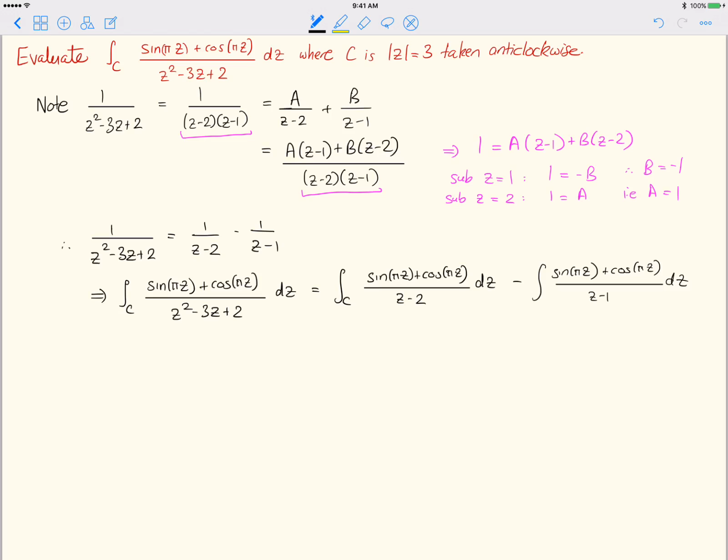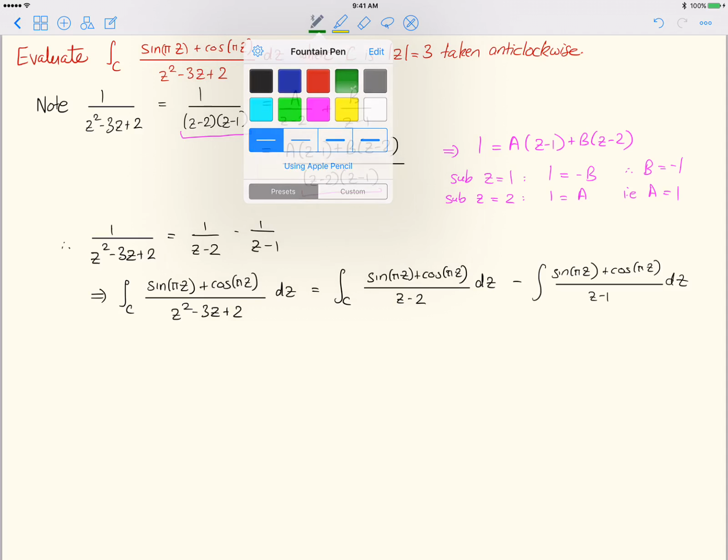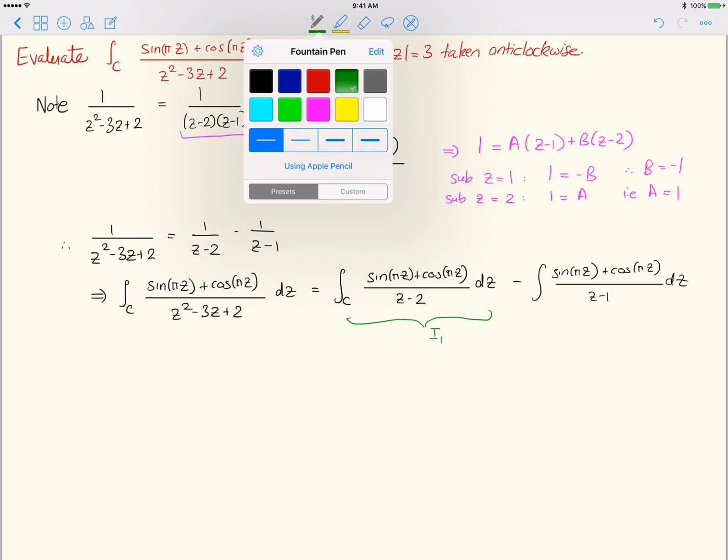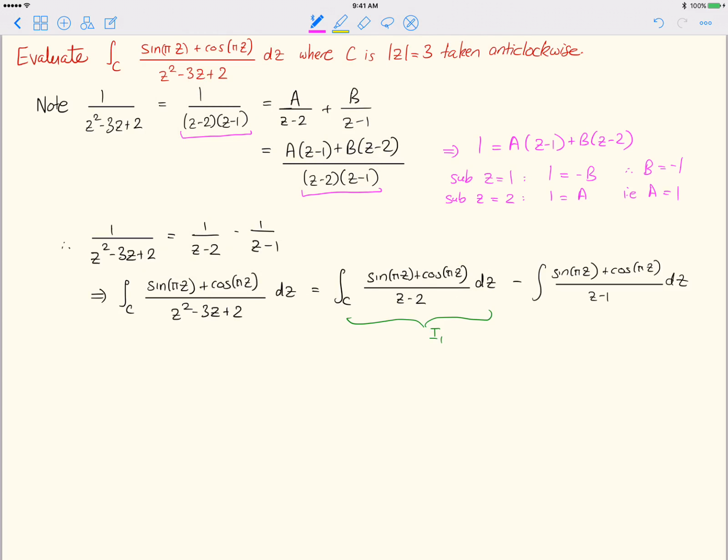And now I'm going to call this integral here I1, and I'll call this other one I2. And I can compute I1 and I2 separately, and I can compute each of them using Cauchy's integral formula.